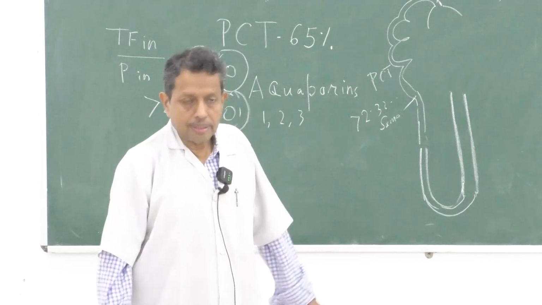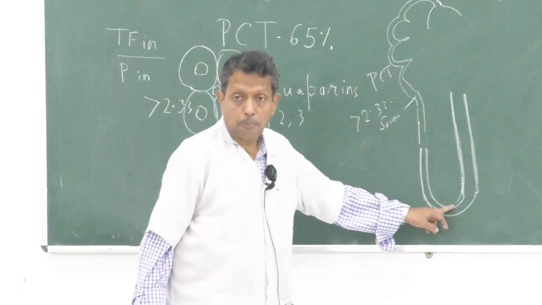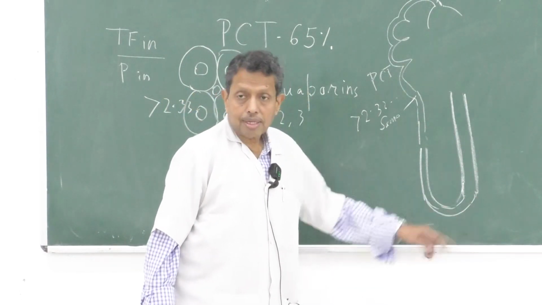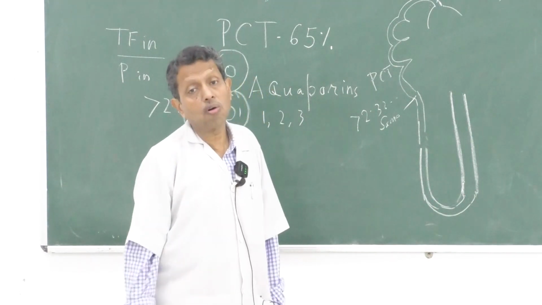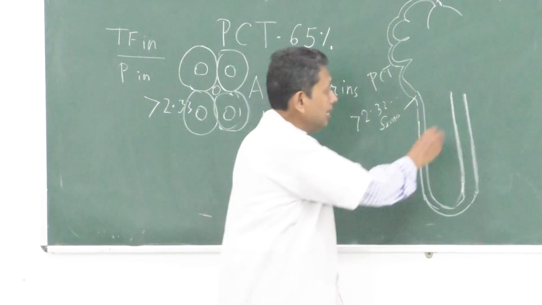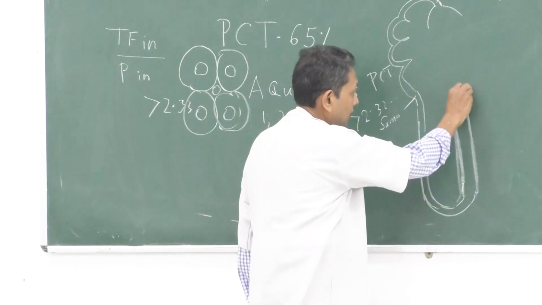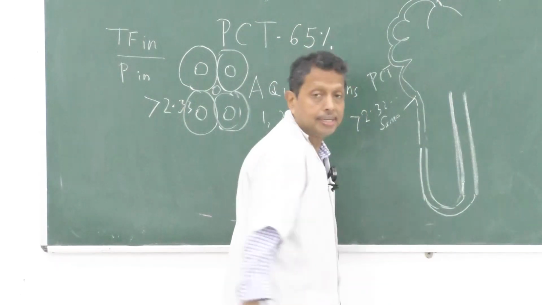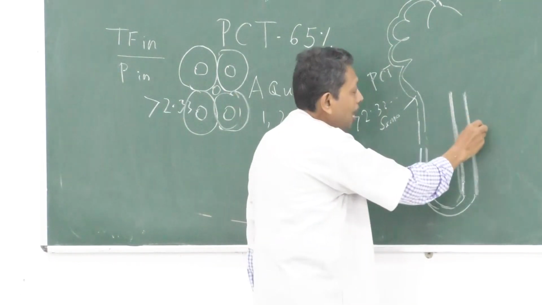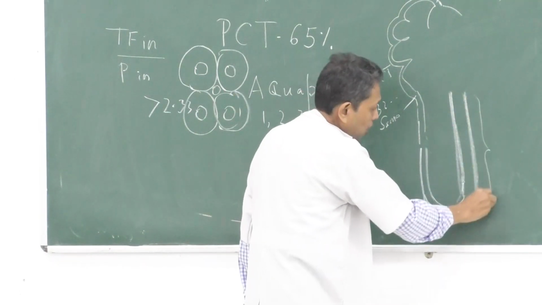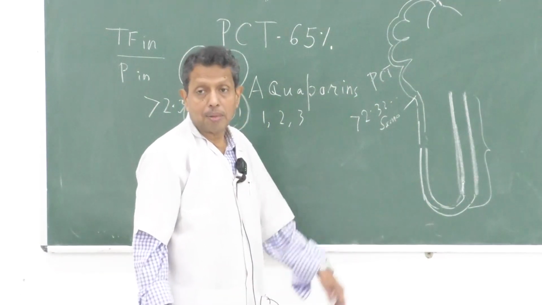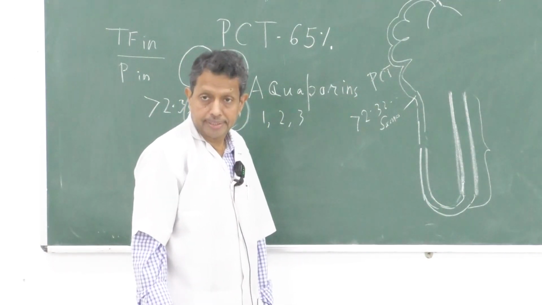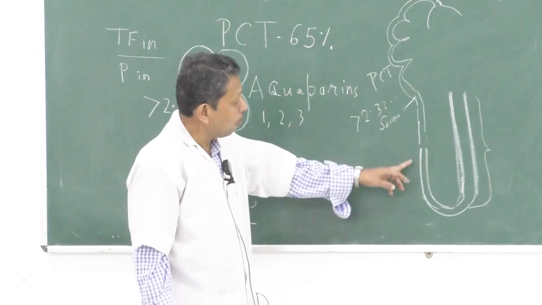In the cortical nephrons, the thin ascending limb of loop of Henle is short or non-existent. There is the thick ascending limb, and this part is water impermeable, and everywhere else there is permeability.